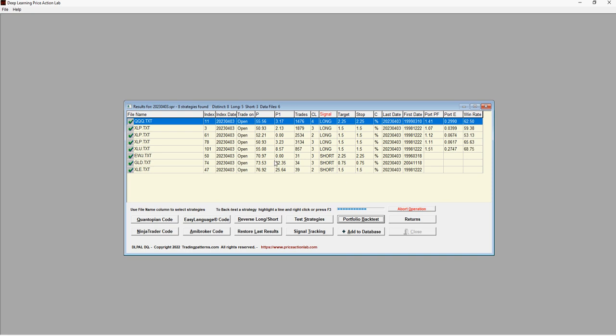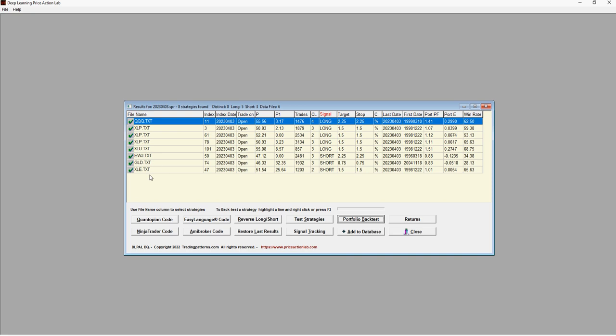Usually for long anomalies we want more than 1.5 for the portfolio profit factor and more than 70% win rate, but for short anomalies a profit factor of 1 may be enough, because these are rare.